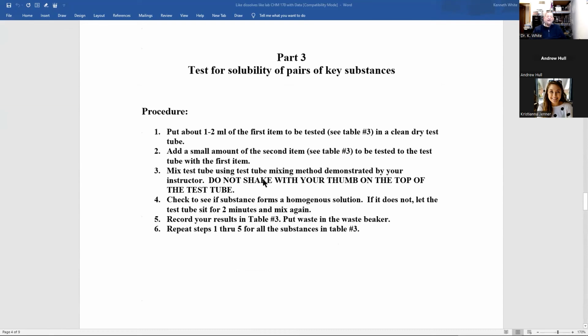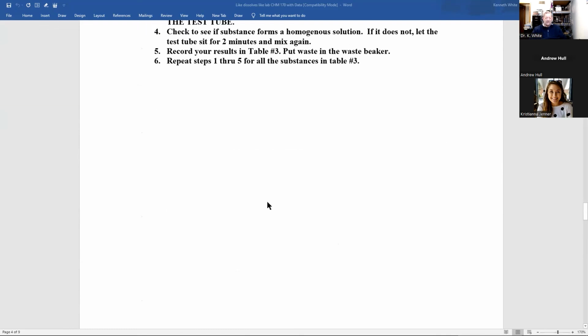Now, in part 3, I thought I'd have some fun, or have the students have some fun. You put about 1 to 2 milliliters of the first item in table 3 in a test tube. Then you add a small amount of the second one. And you do the same thing, mix it up, or use the vibromixer, and check to see if it's homogeneous.